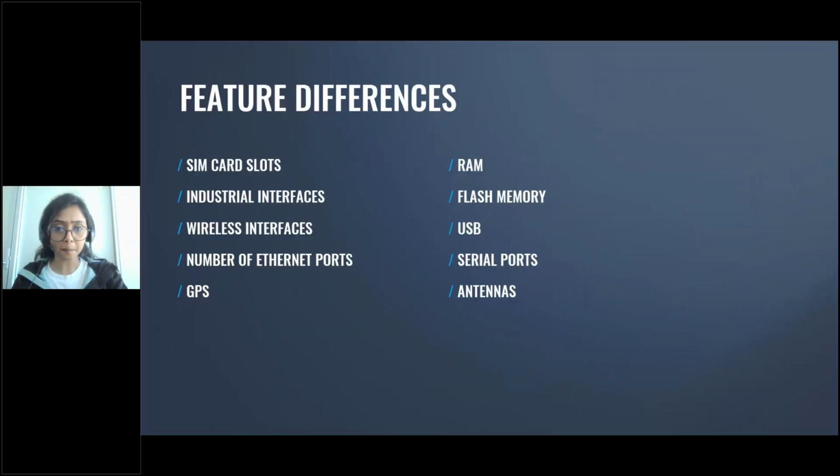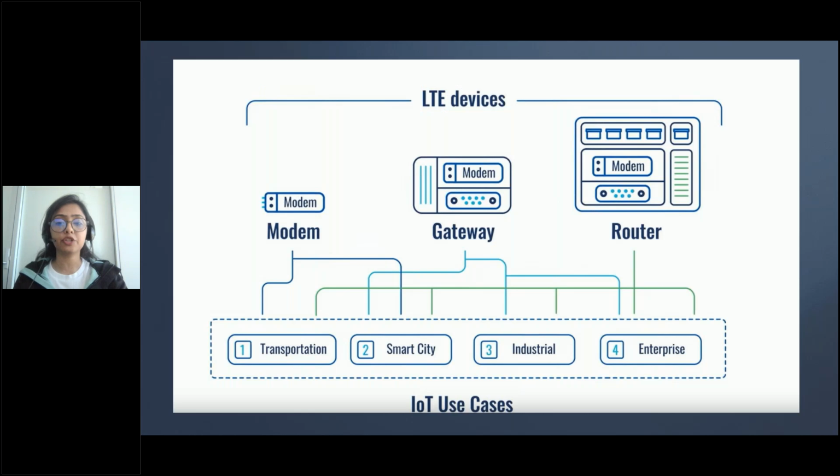Feature differences. The above mentions are some of the differences in how gateways are different from routers. Some of those differences are SIM card slots, industrial interfaces, wireless interfaces, number of Ethernet ports, serial ports, antenna, GPS, etc. As we know, while routers are designed to manage multiple interfaces, gateways usually are designed to have only one interface.